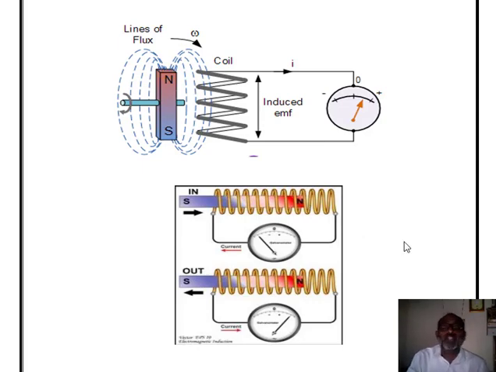So from these three experiments we can say that an EMF is induced in the coil when the magnet is moved. Now what will happen when we move this magnet? When we move this magnet, there is a change in flux linkage with this coil. Here you can say that only 3 lines are linked with this coil.